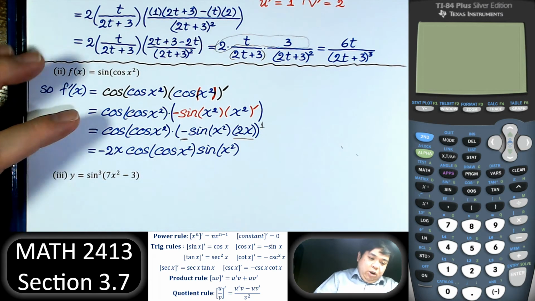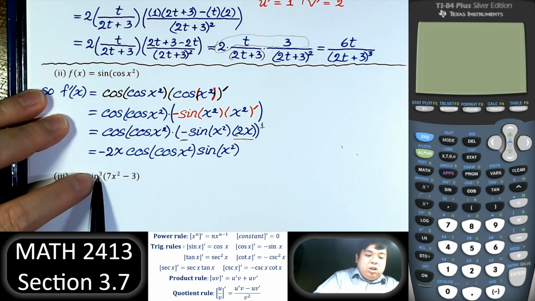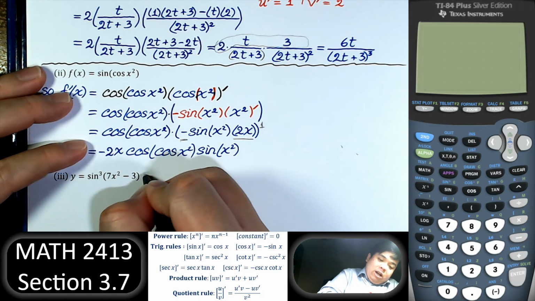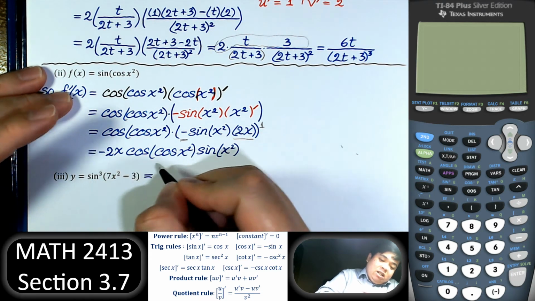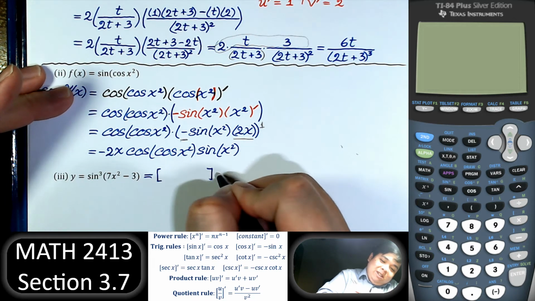Next, we have that. Usually when we have the power of a trig function, we write it as a power. Let's use the bracket this time.